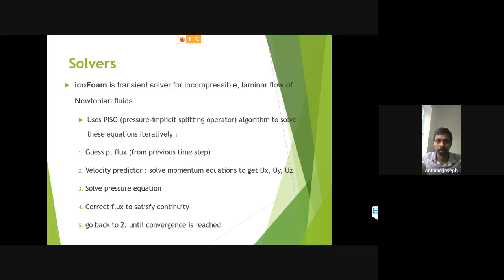Then after 1,500 iterations, again I am checking the velocity value at that point. Again after 2,000 iterations, I check that particular value. And at some point, we can see that the value is not changing that much. Almost it's remaining constant. Then we can tell that the convergence is okay, our convergence criteria is met.